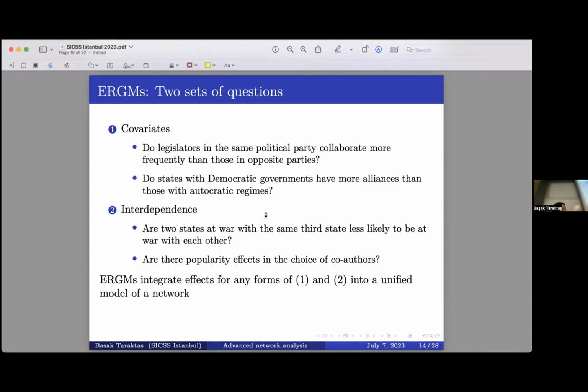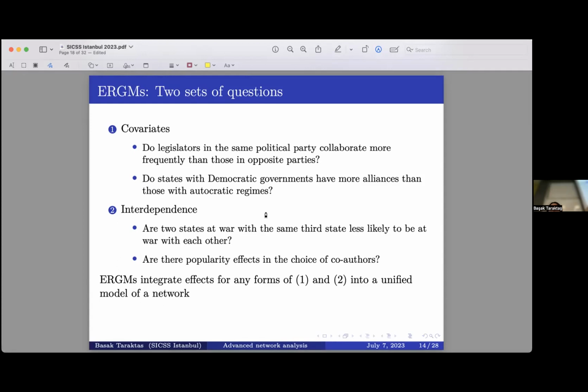In the second type of questions, we're focusing on interdependencies. Let's see, are two states at war with the same third state less likely to be at war with each other? This question builds on the idea of transitivity, which I just showed you. So you share a common connection. What is the likelihood of these two previously disconnected states going to war with one another?